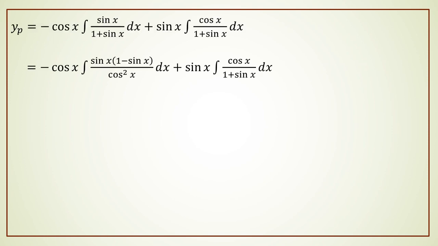Now let me simplify the integrals over here. Let me multiply and divide by 1 minus sin x and simplify the first integral. Therefore, you have yp is equal to minus cos x into integration of sin x into 1 minus sin x divided by, in the denominator, 1 minus sin x into 1 plus sin x, which is nothing but 1 minus sin square x, and we know that 1 minus sin square x is cos square x.